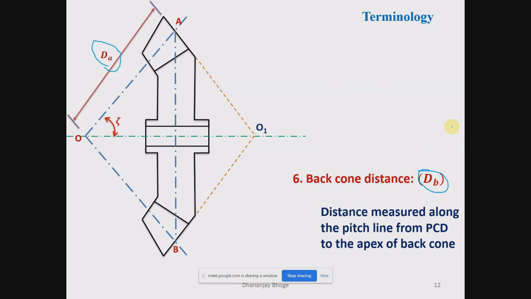Okay, from PCD to the apex of back cone. So BO1 is the back cone distance DB. To show the back cone distance DB in the diagram, don't write the definition.